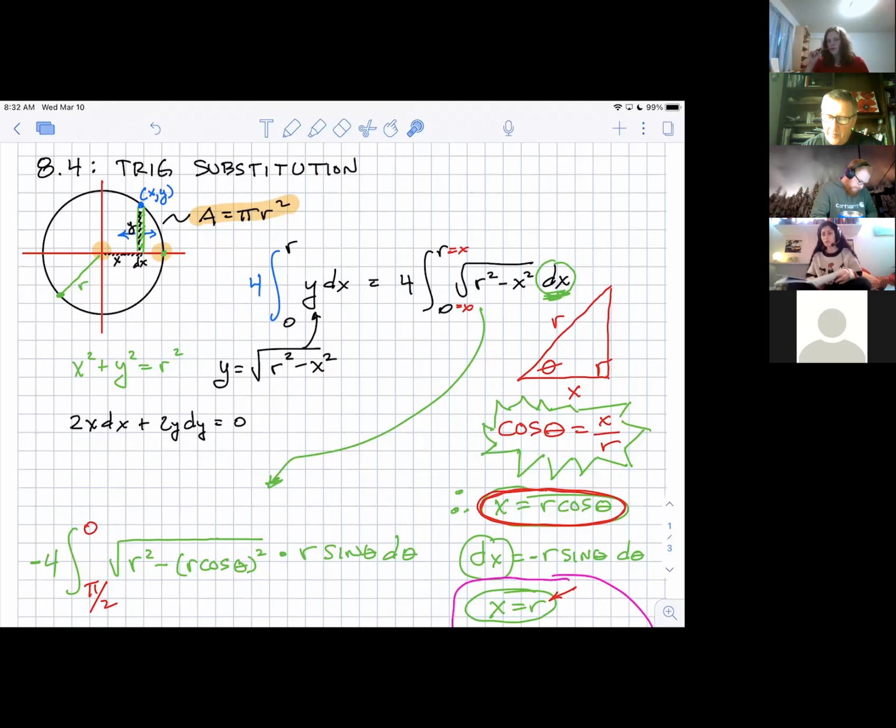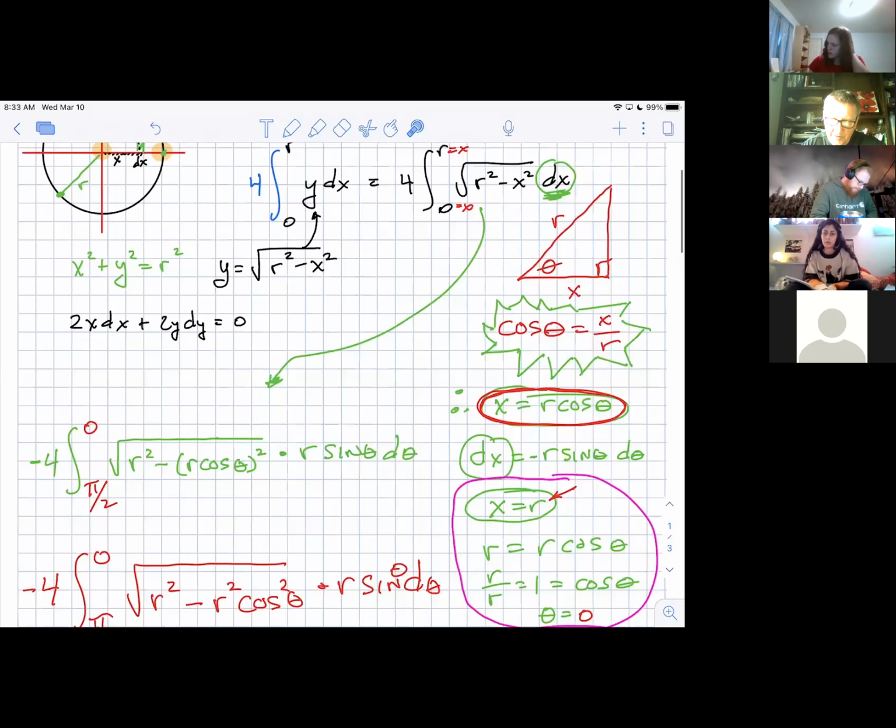Yeah, actually, it was totally random. Actually it wasn't totally random, because I was thinking back to this right triangle and I was thinking x is the horizontal, so I thought let's put it here. But had I put x up here instead, just randomly, then I could have said, oh, okay, sine of theta is x over r, and it would have been just fine. Does it make sense if that's the case?